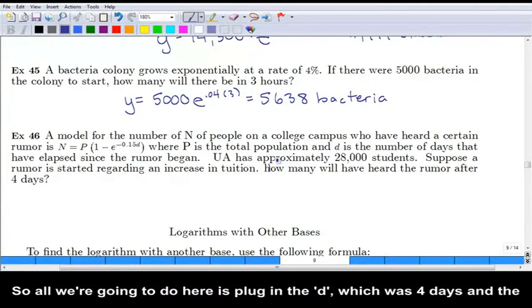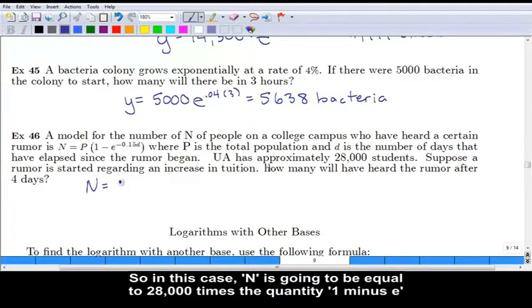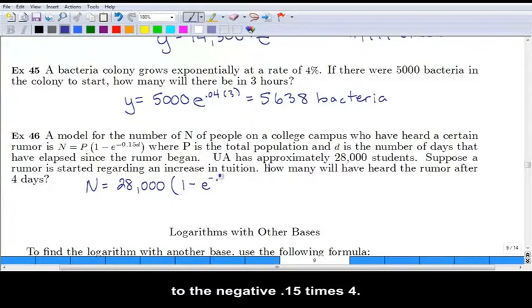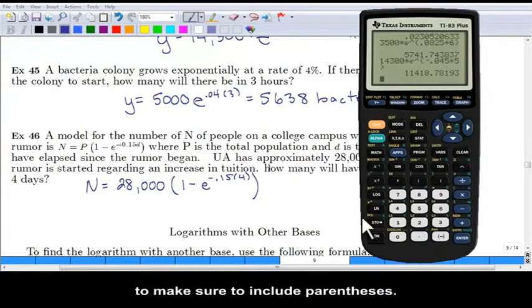All we're going to do here is plug in the d, which was 4 days, and the population, which was 28,000. So N is going to be equal to 28,000 times the quantity 1 minus e to the negative 0.15 times 4. We've got to be very careful about putting this in our calculator to make sure to include parentheses.